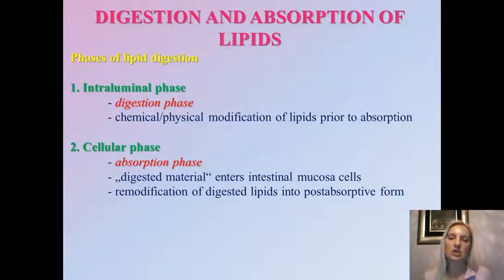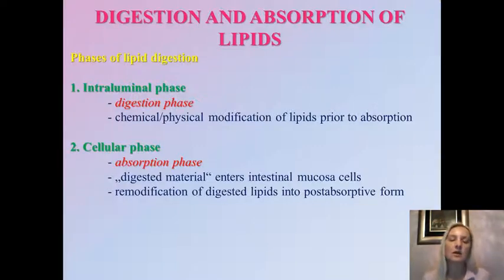Also, this phase explains how the digested material is remodified or resynthesized to get lipid molecules again, and to get them ready for the post-absorptive phase and form.